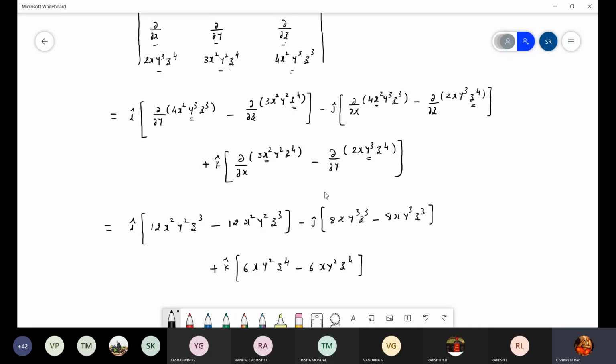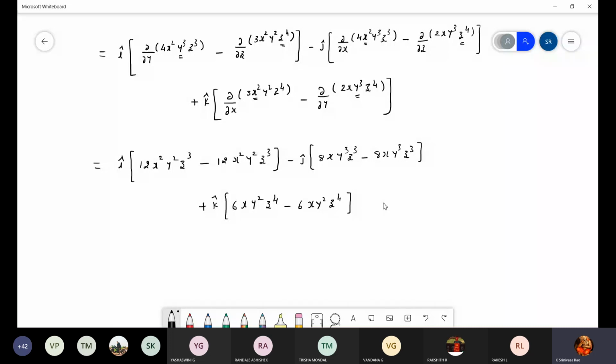Is it right? Yes, sir. So finally what will you get? 0. All the terms get cancelled. You will get 0 i cap, 0 j cap and 0 k cap, or simply curl f equals 0. This is the answer.